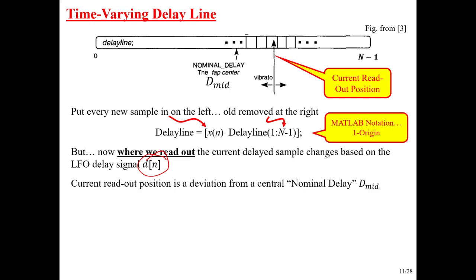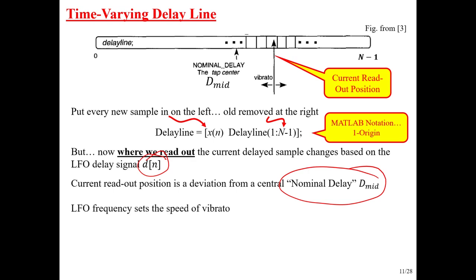So like I said, the current readout position is either left or right, depending on the LFO value, of the nominal delay, which is D mid, the tap center. So how fast we go back and forth is set by the LFO speed.